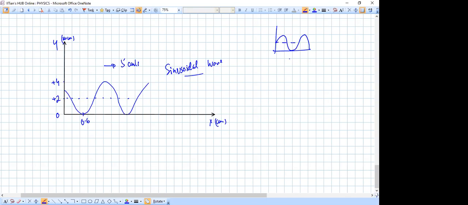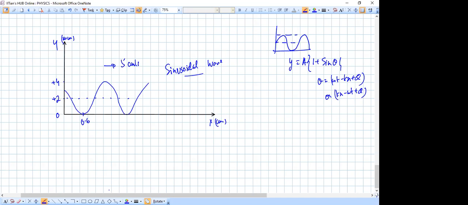So this is E into 1 plus sine theta, where theta is omega t minus kx plus phi, or kx minus omega t plus phi, whatever.